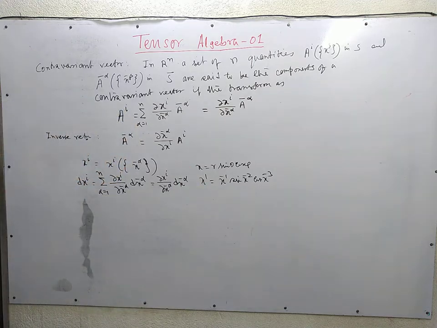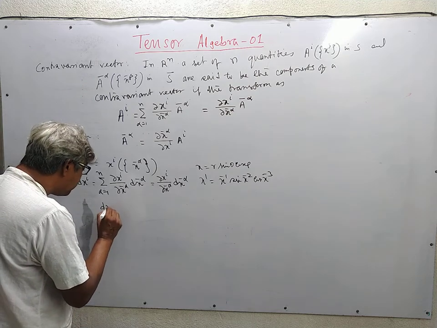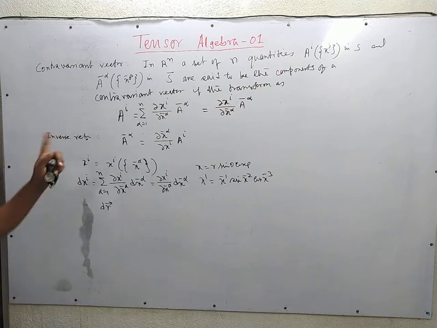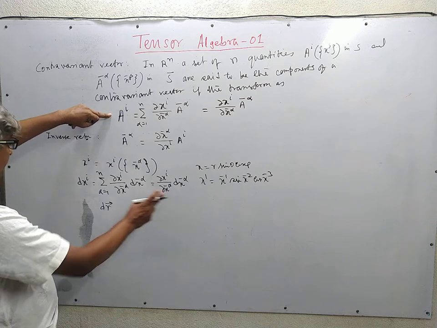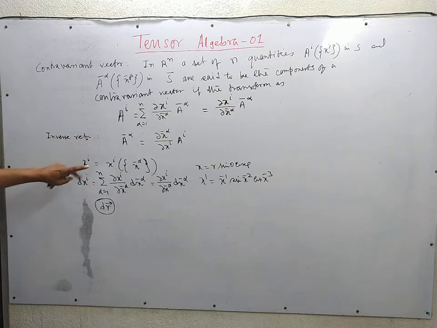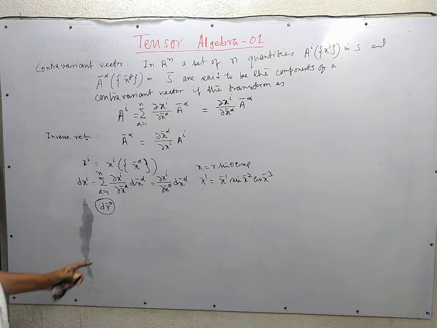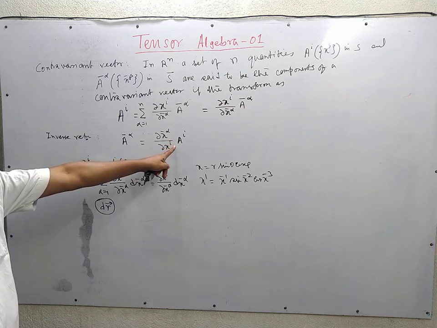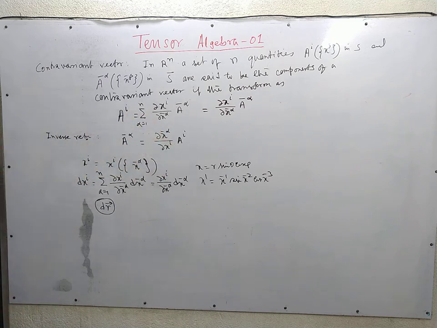So the components of an infinitesimal displacement dr are the components of a contravariant vector. You match this definition with this. That is the reason we have used superscript instead of subscript, which we are habituated to doing in vector analysis.